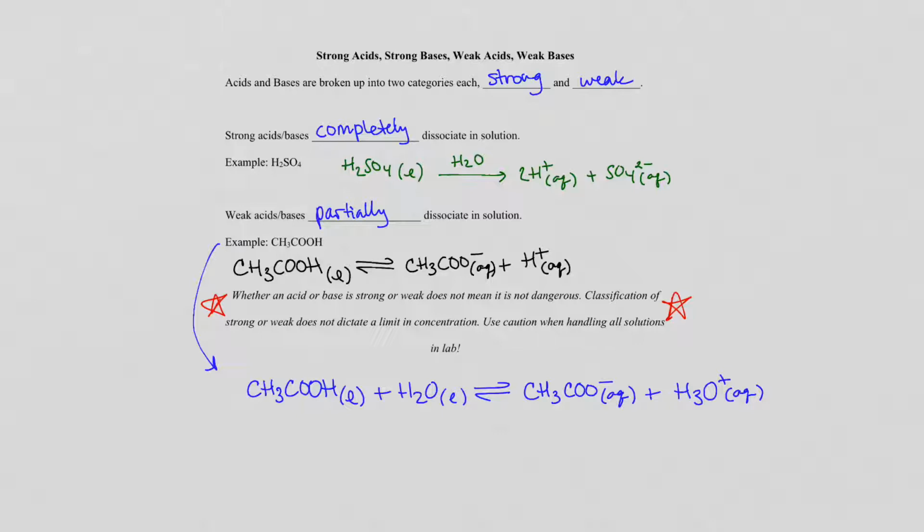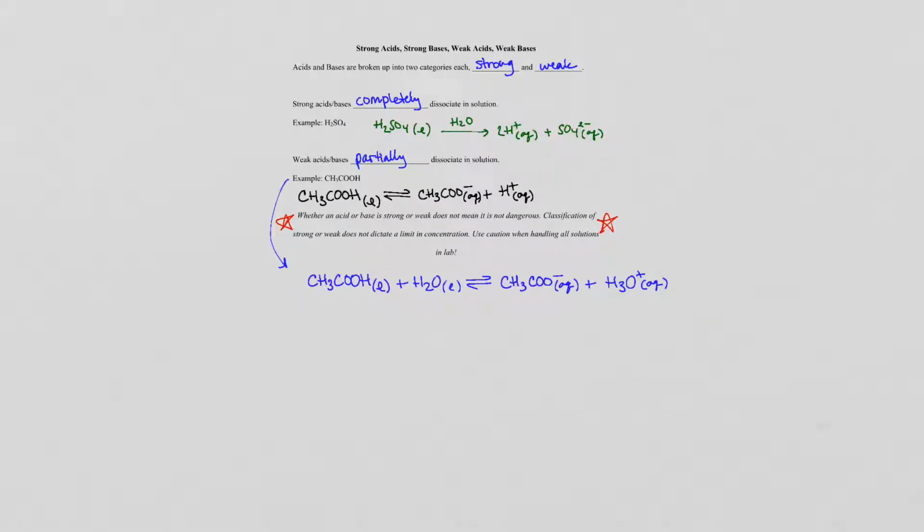That's really, really powerful. So it doesn't limit the danger or toxicity or level of caution that you should be using when working with chemicals in the lab. Make sure you're using caution even if you're working with weak acids. Just because it's partially dissociated doesn't mean it cannot burn you.